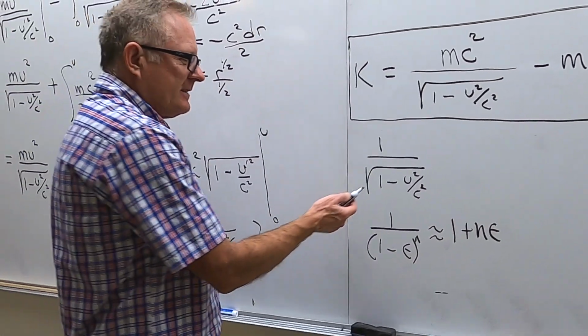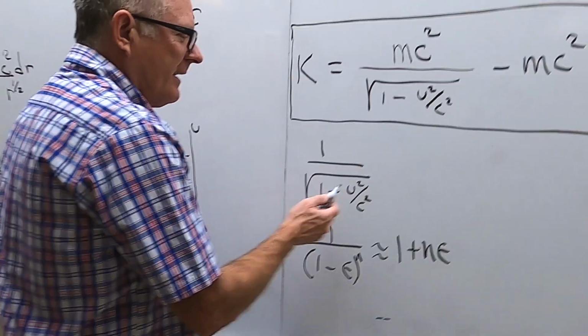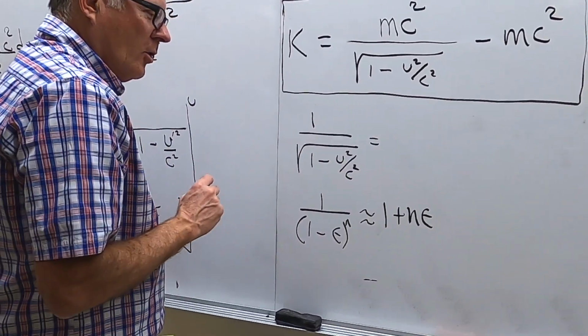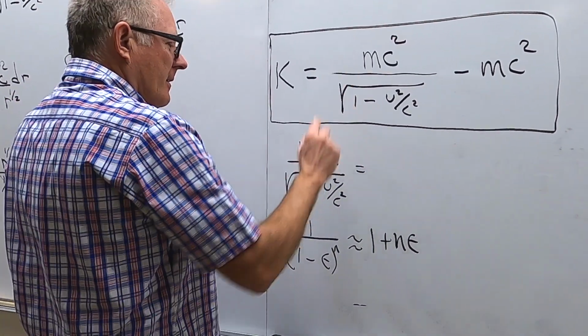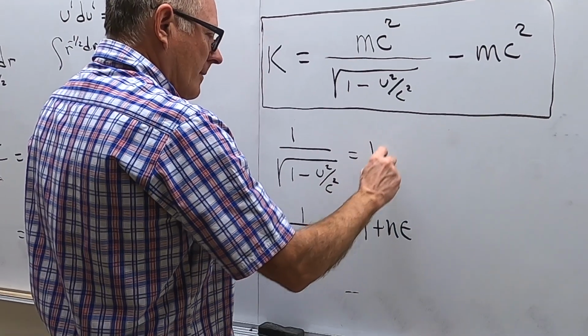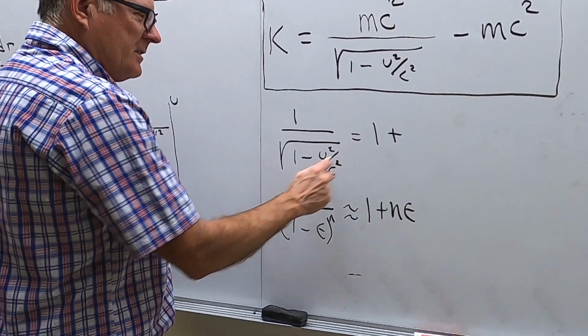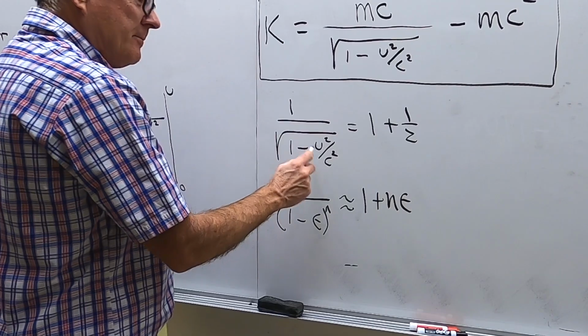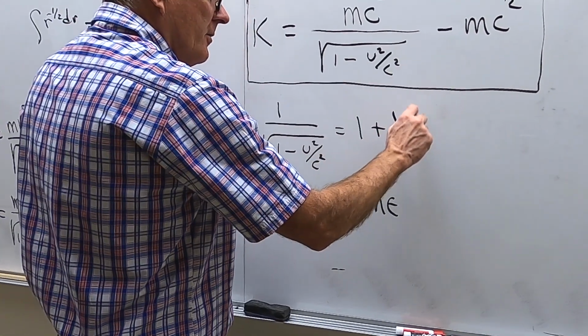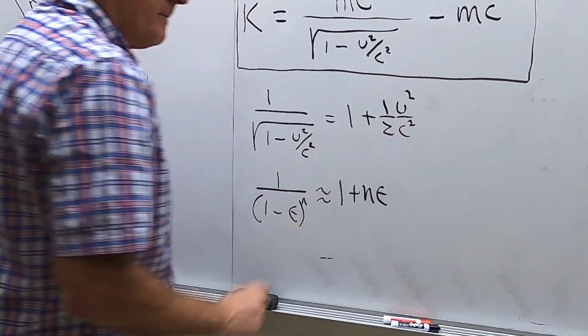So for us, that means this quantity right here will be 1 plus the n, which is 1/2, times epsilon, which is u squared over c squared.